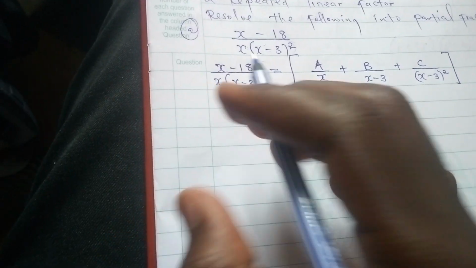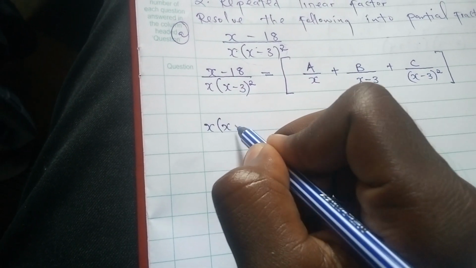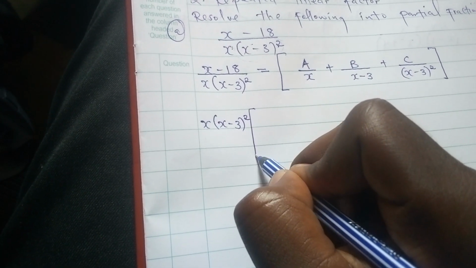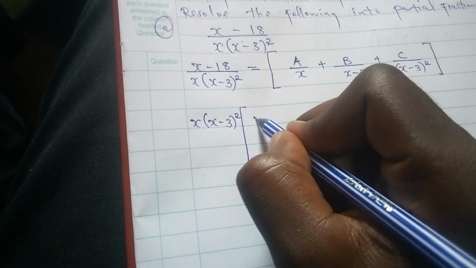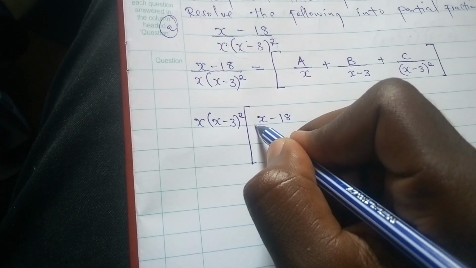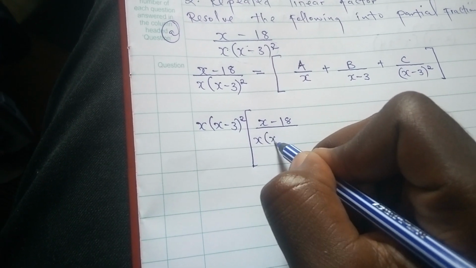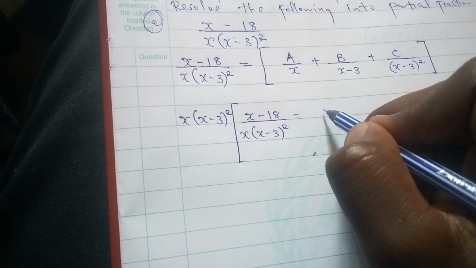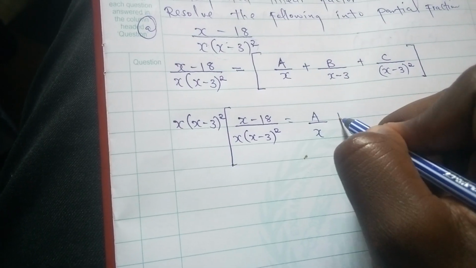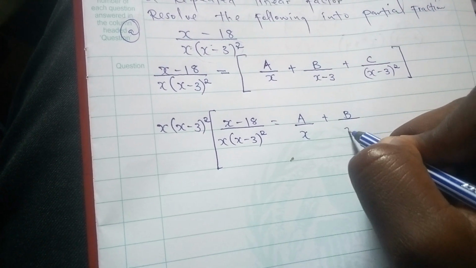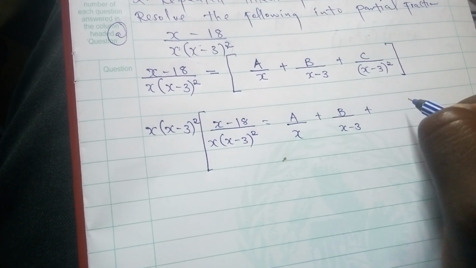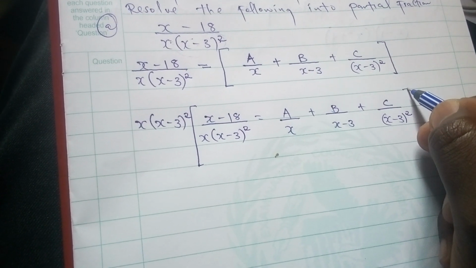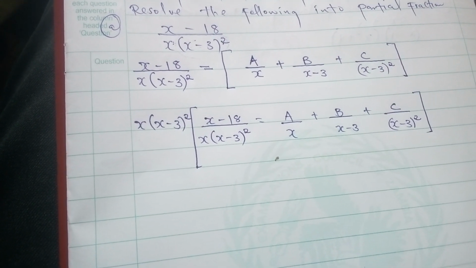So you're going to rewrite x(x minus 3) square multiplied by everything there, that is (x minus 18) over x(x minus 3) square, equals A over x plus B over (x minus 3) plus C over (x minus 3) square, and then you start multiplying.